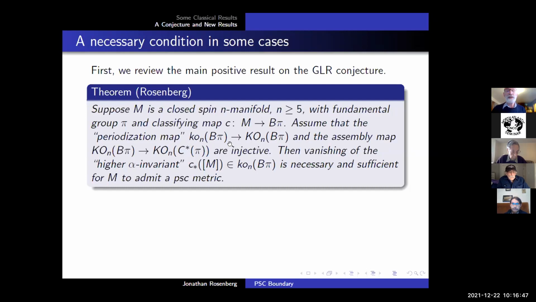If pi is torsion free, then there's a good chance it's actually injective in all cases. But sorry, N is the dimension of the manifold? N is the dimension of the manifold you're interested in, right, yeah. And this map should be injective for this particular N or for each K? No, just for this particular value of N. Okay, I see. That's all you need, yeah. Okay, thank you.